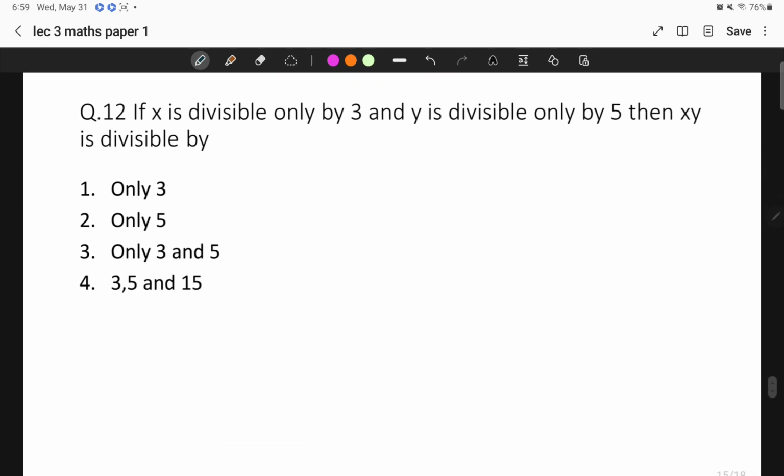If x is divisible by 3 and y is divisible by 5, then xy is divisible by what? Look here, let us consider x as 3 and y as 5. What they are telling here is that x is divisible by 3, that is 3 is divisible by 3, right?